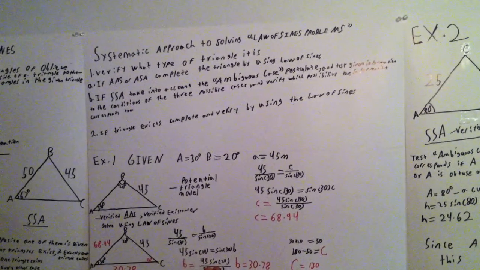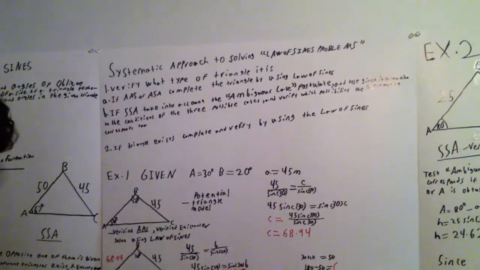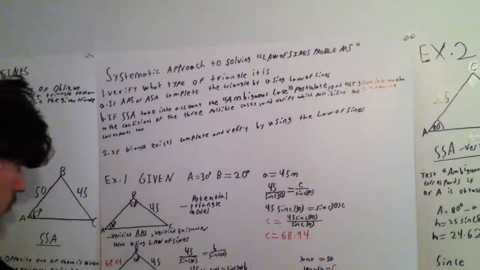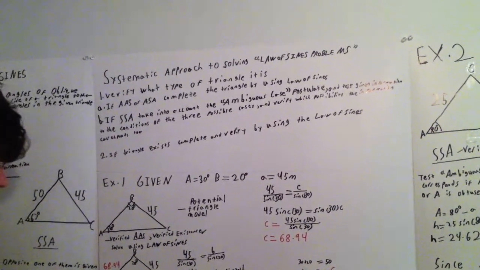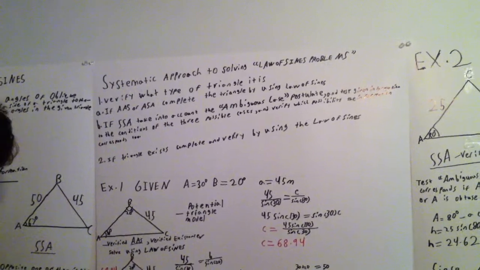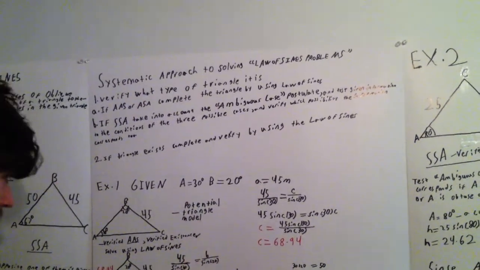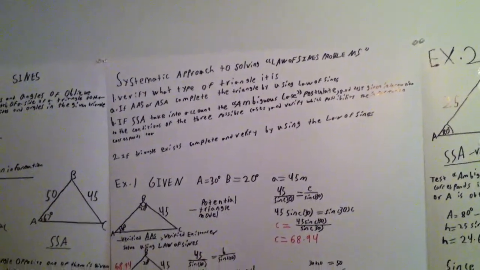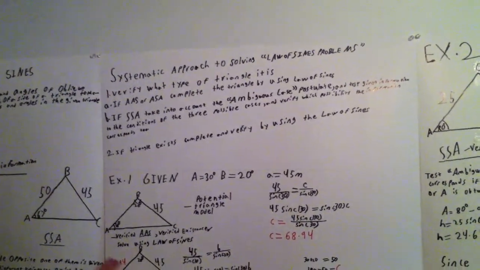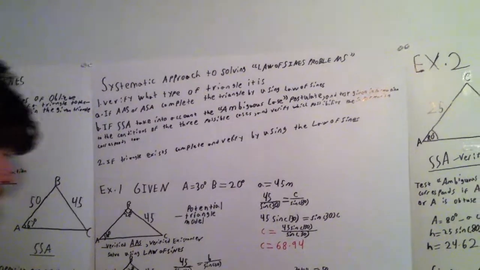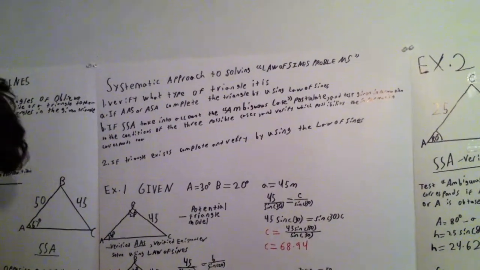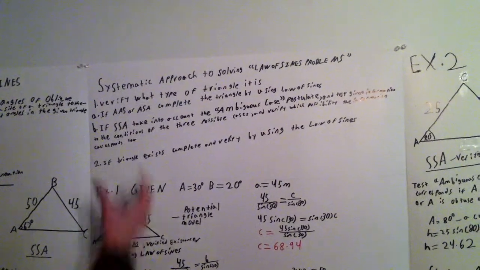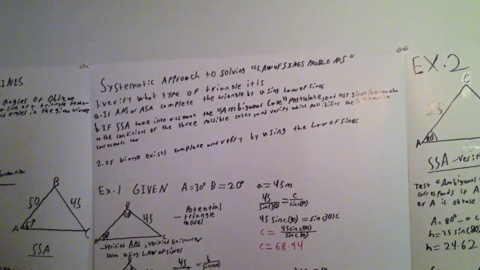We cross multiplied and isolated b, which was 45 times sine of 20 over sine of 30. So side b was 30.78. You could figure out side c in the same manner, and you find the angle that was left by simply adding these two angles together and subtracting them from 180.